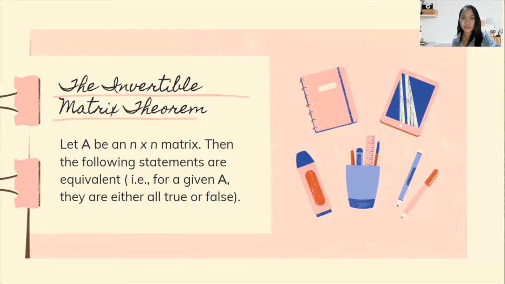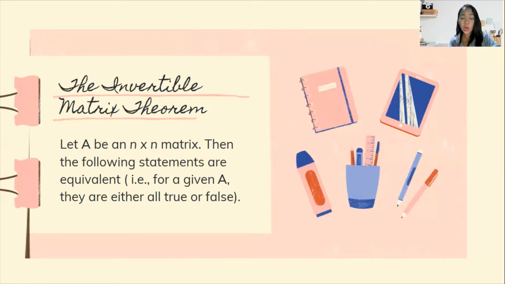So what are these groups? First we have the singular matrices, which are non-invertible, and we have the non-singular matrices, which are invertible.